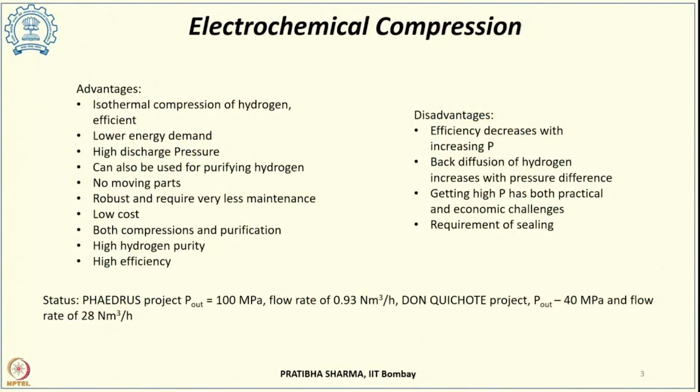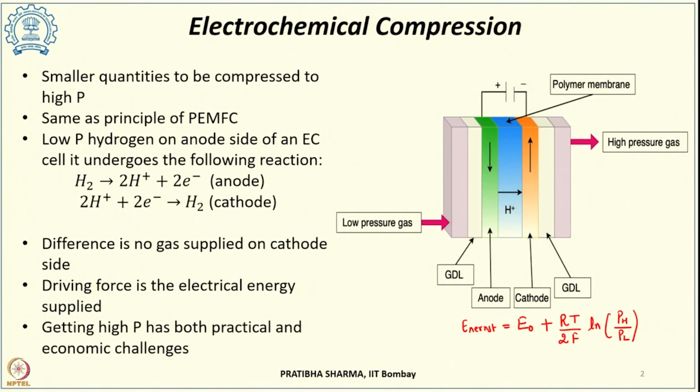But the major challenges are, if we want to get high pressures, then it has both practical as well as economic challenges. The reason is, as we increase the pressure, the Nernst voltage becomes almost of the same order of magnitude as that of the ohmic losses, and as such the efficiency decreases.